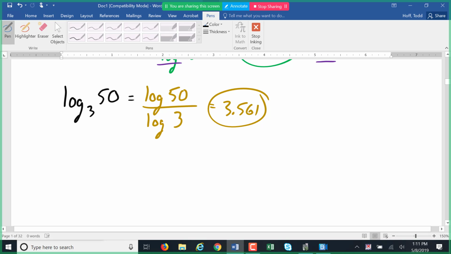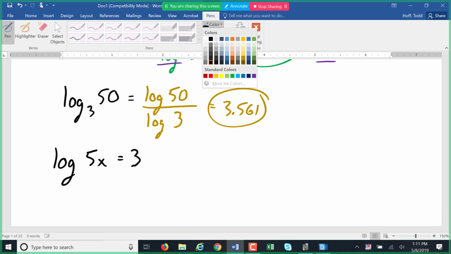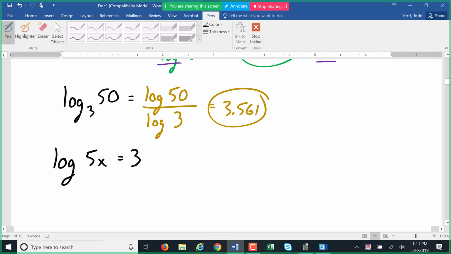Want to do a little bit of problem solving here quick. Solving equations. Log of 5x equals 3. If I want to solve that equation, remember we converted it into exponential form.